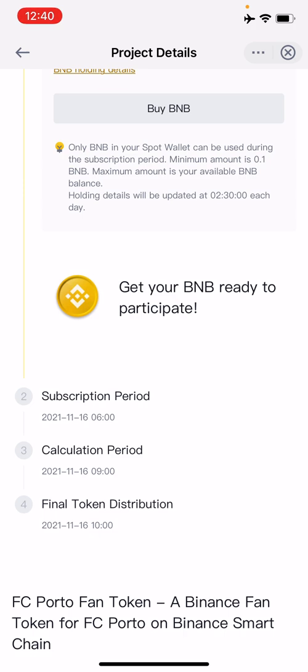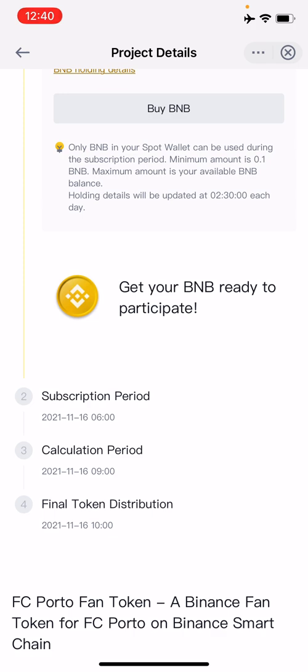I think at 6 a.m. 16th November 2021, the subscription will start, and the subscription is going to last for 3 hours, and then after 1 hour the tokens are going to be distributed, and after just a few minutes, after an hour or so, the token is going to be listed on the spot trading.